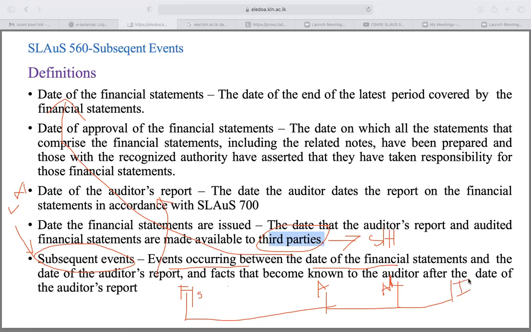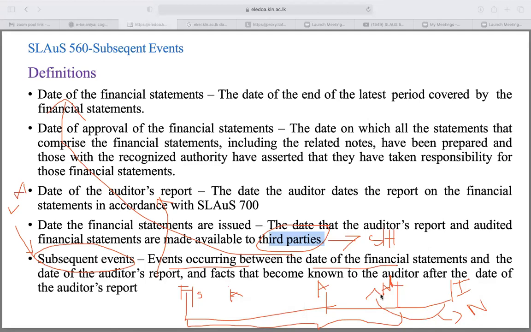So a subsequent event means an event that happened after the financial statement date and the auditor's report date, and after the audit report date, providing evidence about this date. So these events are non-adjusting events. These events are adjusting events, right?